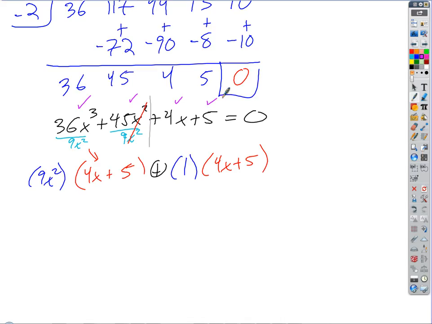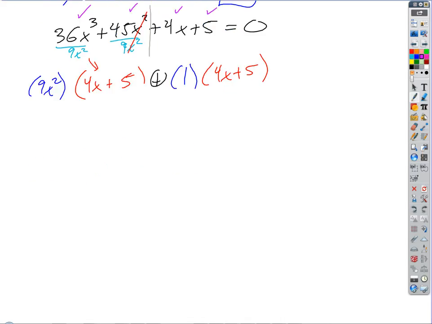So now, what's the last step in grouping then? I've got to factor out the common factor, which is the leftover factor, right? So we're going to get 4x plus 5, and then what's left behind if I do that?